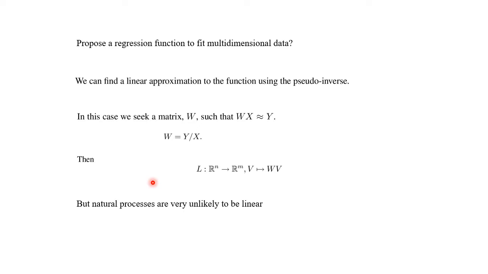It'd be much more useful to find another relationship which approximates the process. So finding a regression function, a non-linear regression function, is going to be just about impossible. What we will do is find neural networks which will approximate non-linear processes.